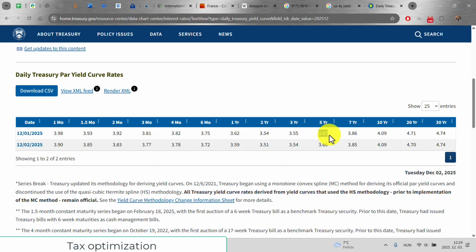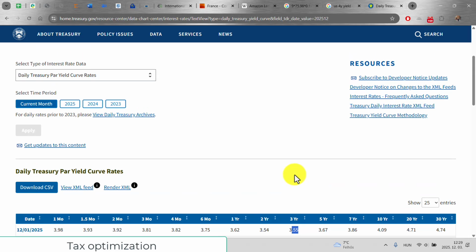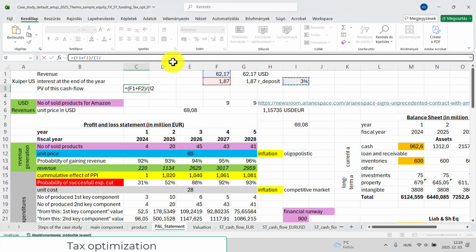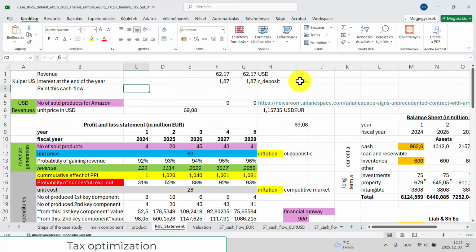Yeah. Oh, we don't have anything for the fourth year, so we have to do interpolation for that one. Okay. So we're already losing money because of my low interest here.